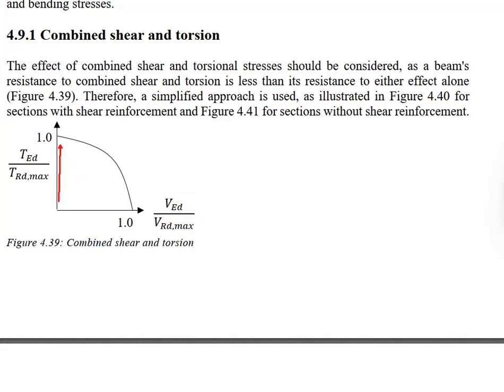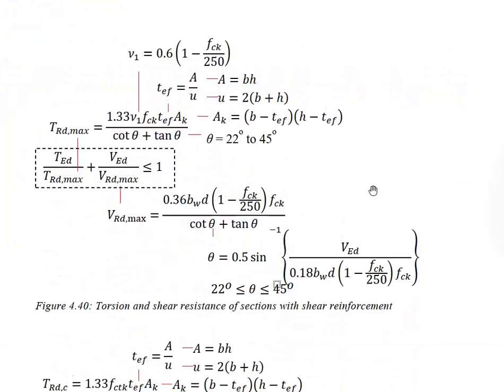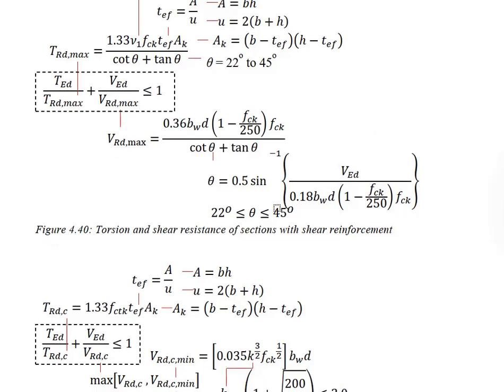With the increase of the torsional load, the shear resistance decreases. That's why you will need the interactive formulas as a measure to cater for the combined effect of the torsion and the shear. The summation of the torsion and the shear cannot be more than 1.0.